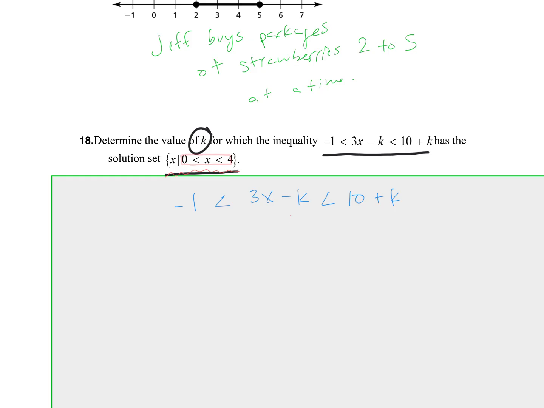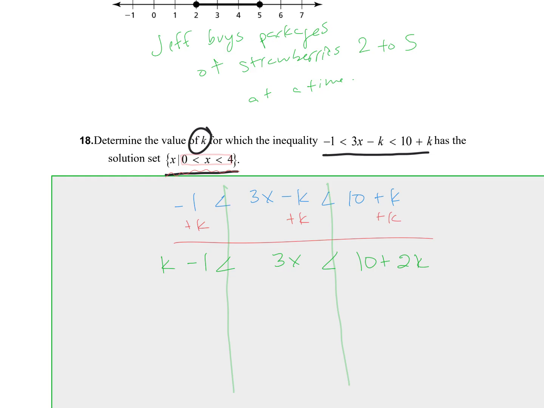All right, so I'm going to add k to each of the sides. Remember, you are allowed to do this differently than I would. If you would rather make this into 3 separate problems, go for it, but I like to do this. So over here I get k minus 1 is less than 3x, which is less than 10 plus 2k.